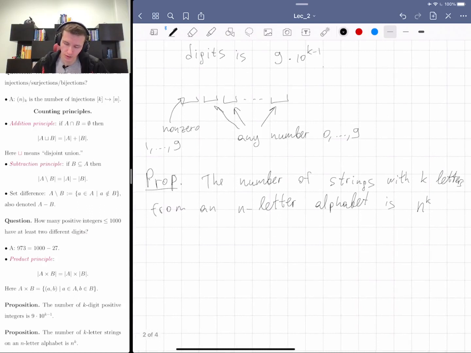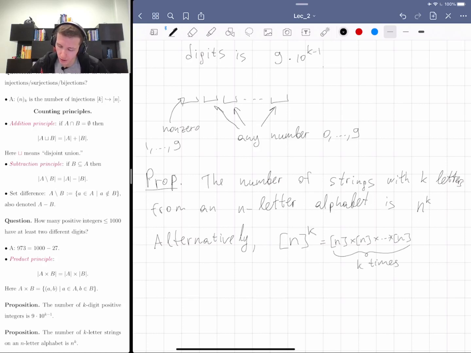So again, you have k spots, but then each spot can contain an arbitrary letter. So n is like 27, just the size of your alphabet. An alternative way to say the same thing is that if you take bracket n to the power of k, which by definition means you multiply it as a set by itself k times, then the size of this set is going to be equal to n to the k.